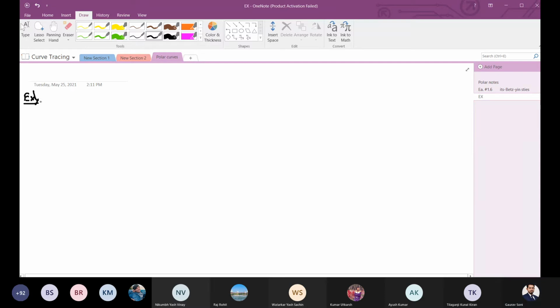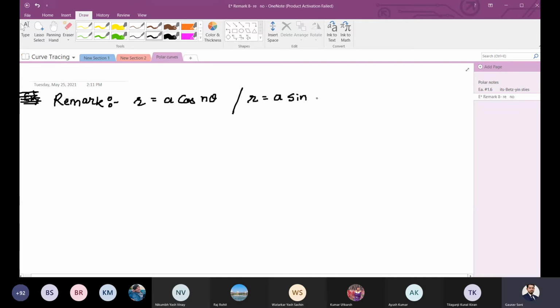Okay, before we go for an example, I will give a very important remark. This will help you draw any of the curve of this form. So R is equal to A cos n theta, R is equal to A sin n theta are called Rose curve.